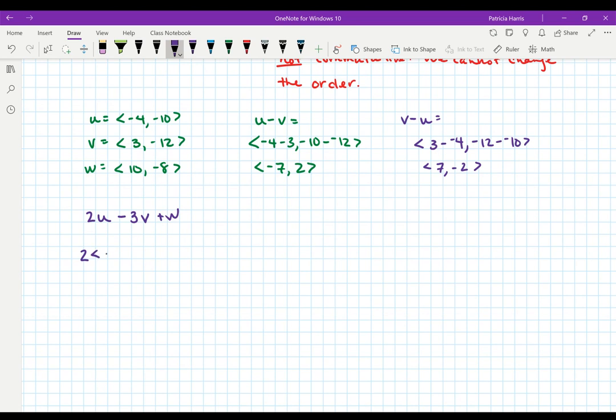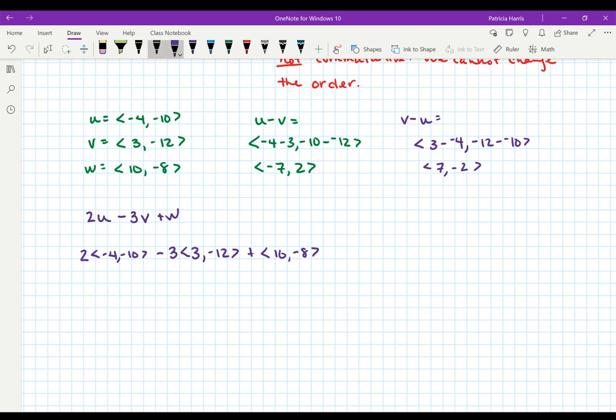So 2, there's vector u, then minus 3, there's vector v, and then plus w. Okay, so same rules apply for distribution and all of that.